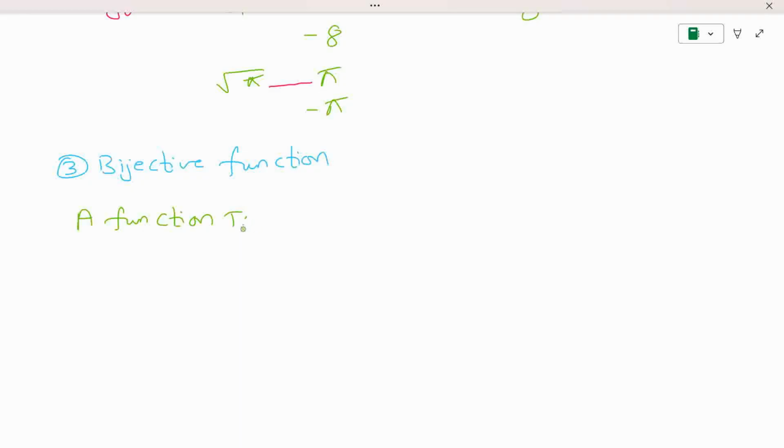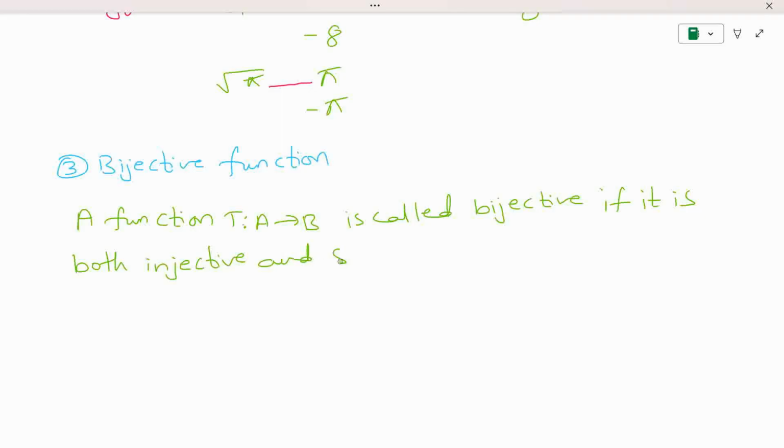The function t mapping from A to B is called bijective if it is both injective and surjective.